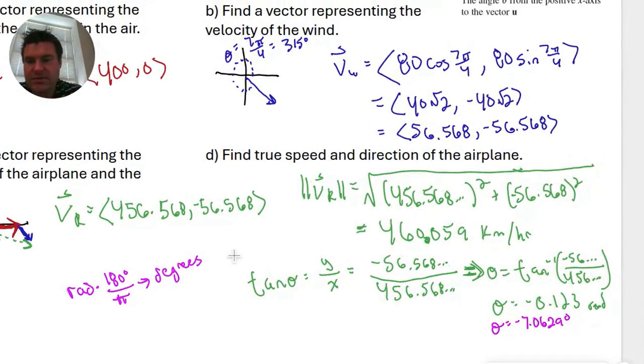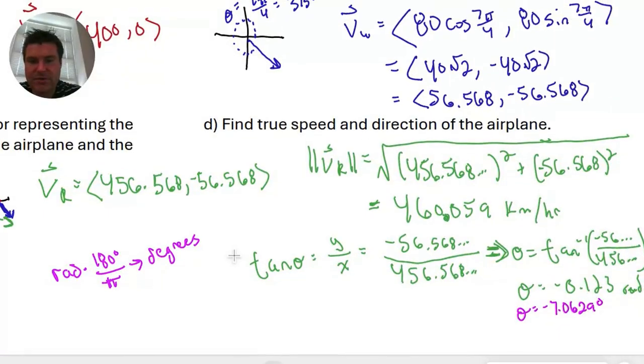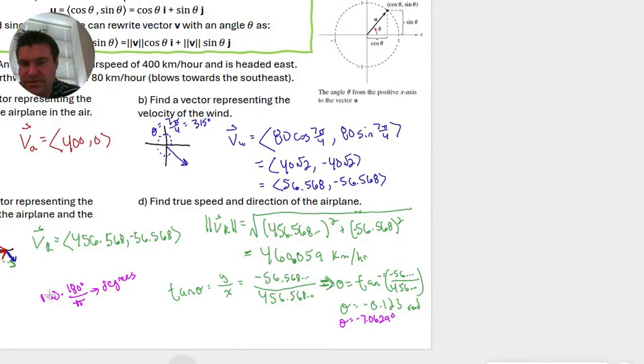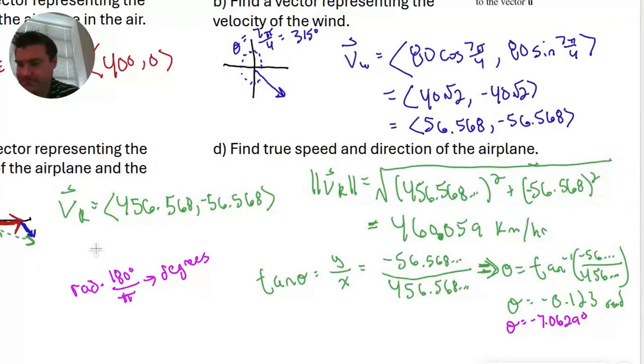And if we want to, let's go ahead and look at the direction that we have here. So since our direction is going southeast a bit, you can notice it right over with the green, that is going to be south of east by 7.0629 degrees.